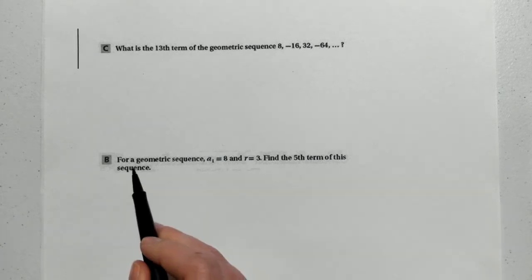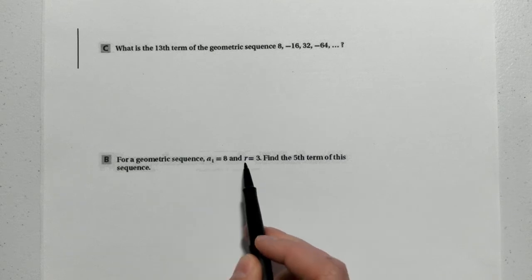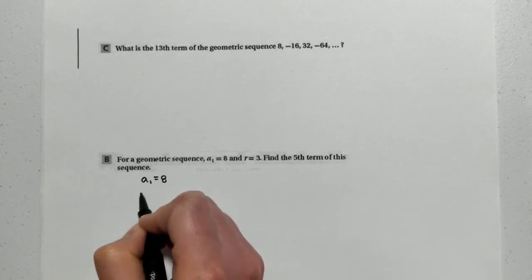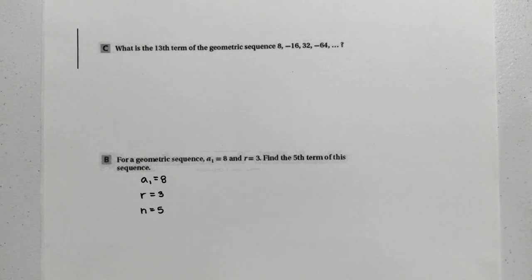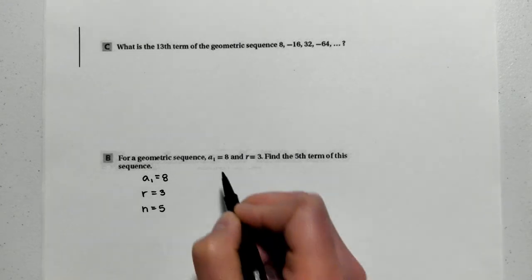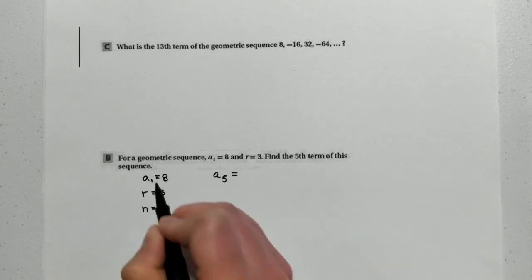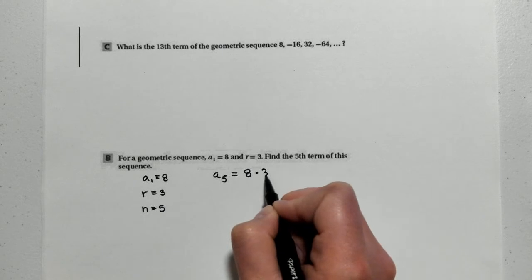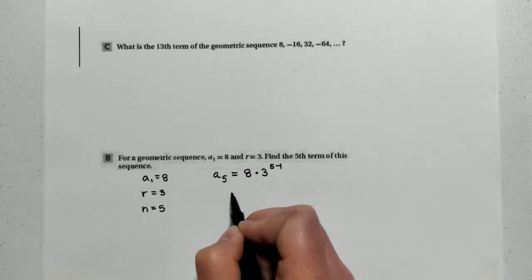So for B, we have for a geometric sequence, a sub 1 equals 8, and r equals 3. Find the 5th term. So we know a sub 1 equals 8, r equals 3, and n is going to be 5. So we're going to use our formula. We're finding a sub 5, and it's going to equal a sub 1, which is 8, times r, 3, raised to the n minus 1 power, so 5 minus 1.